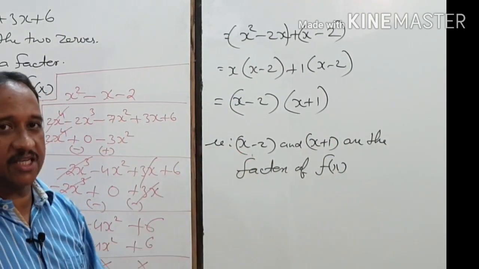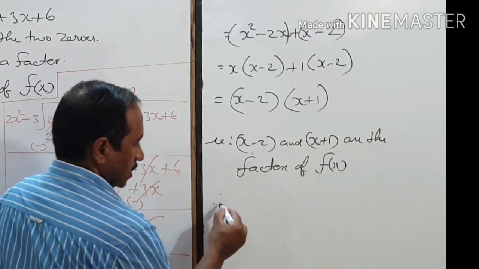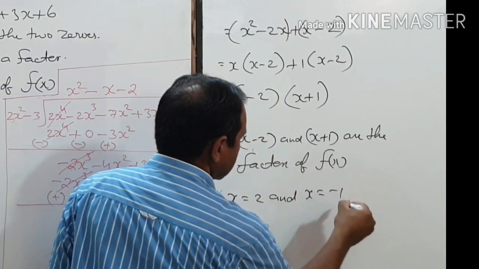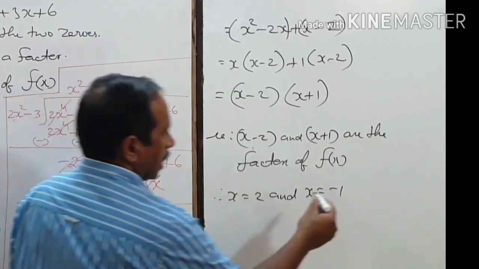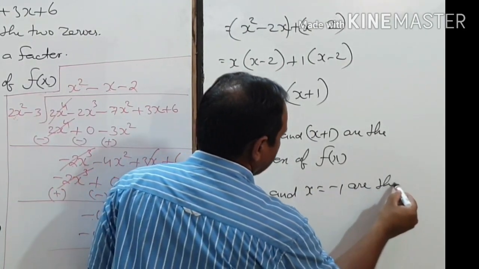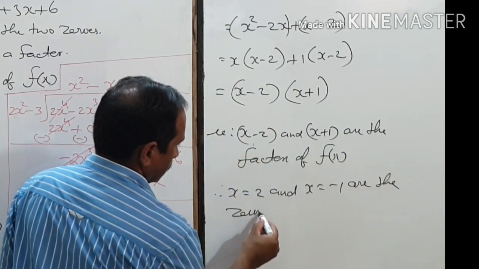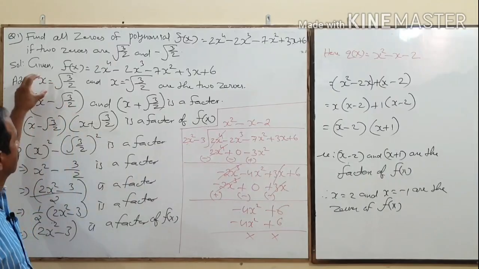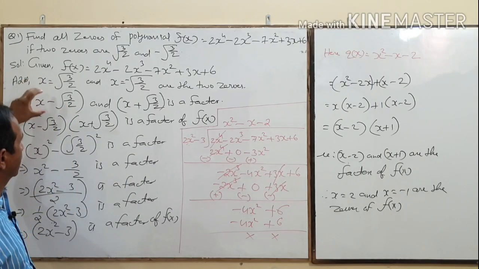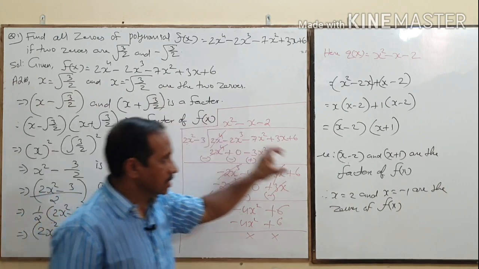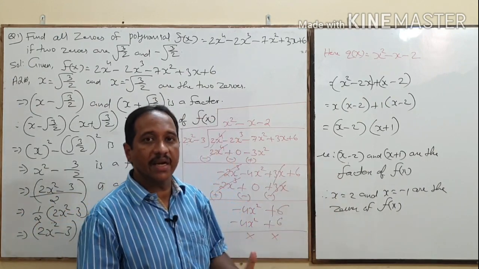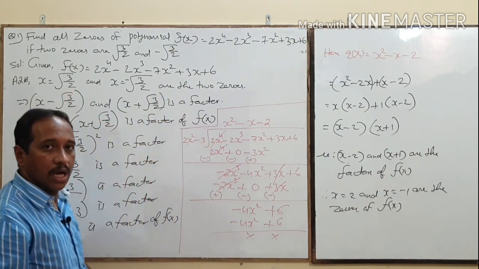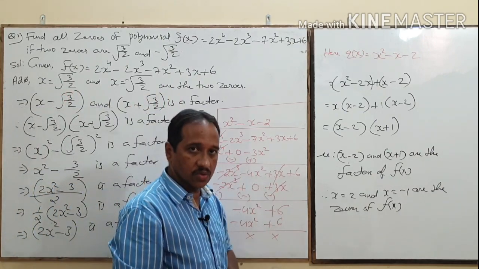If x minus 2 and x plus 1 are the factors, therefore we can say that x is equal to 2 and x is equal to minus 1 are the zeros of f of x. Here you can see from the zeros we write the factors, and here from the factors we write the zeros. So the two zeros were given and we got the remaining two zeros.